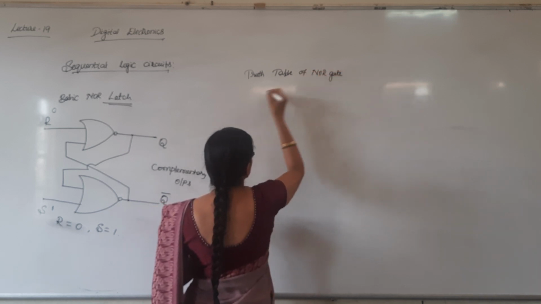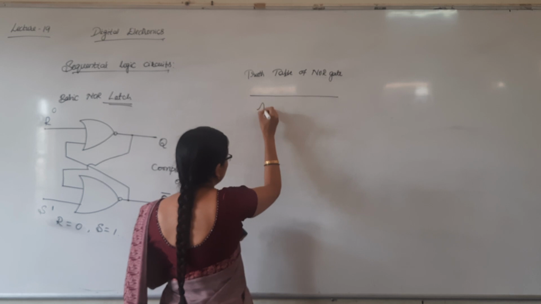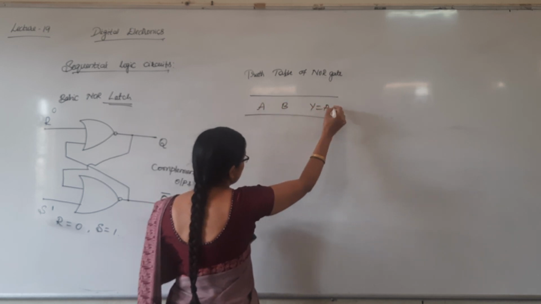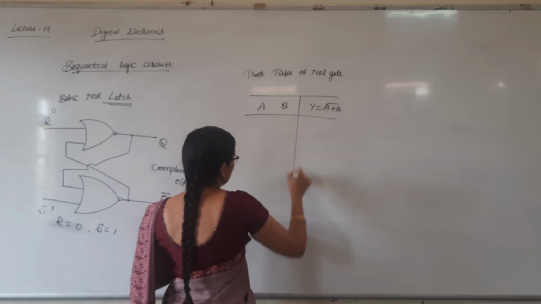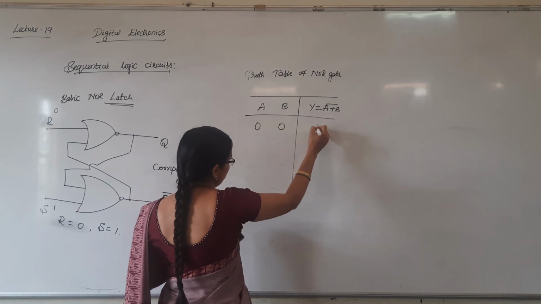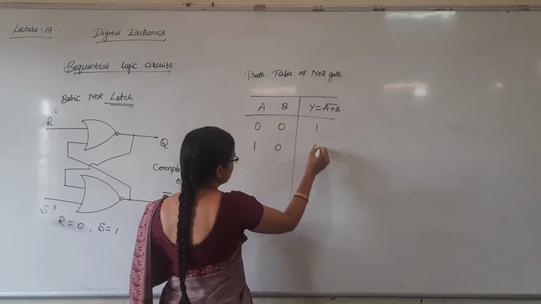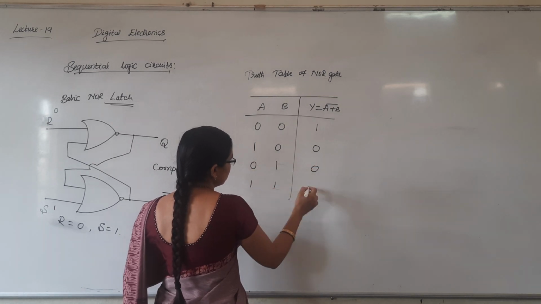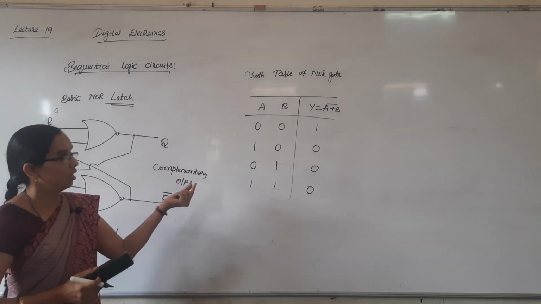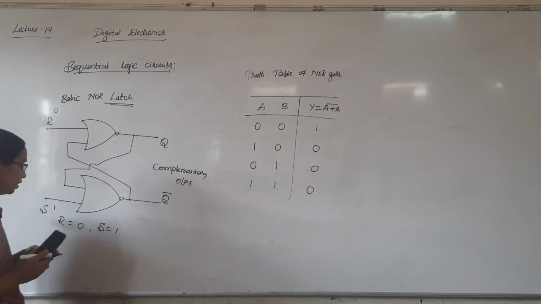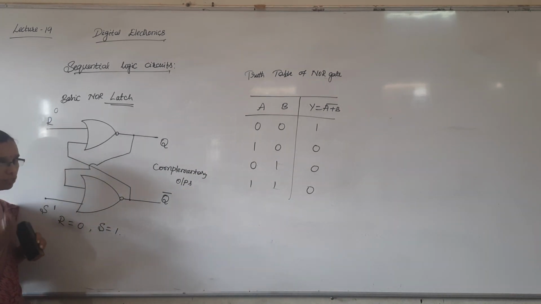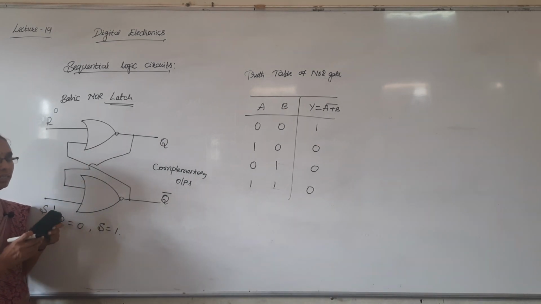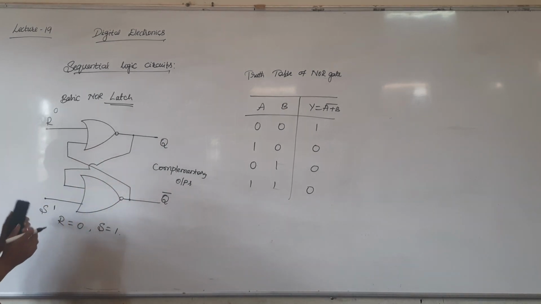Hope you remember: A, B are the inputs and Y is equal to (A plus B) whole bar. For 0 0 the output is 1, for 0 1 it is 0, for 1 0 it is 0, and for 1 1 it is 0. This is the truth table of the NOR gate. Using NAND also we can construct it, but it is easy to analyze using NOR gates, so I am taking the NOR gate first.